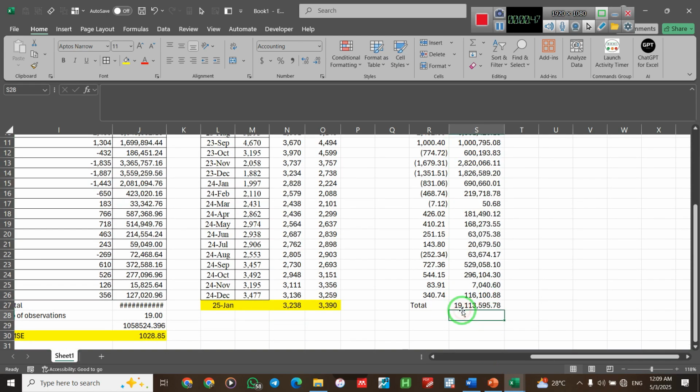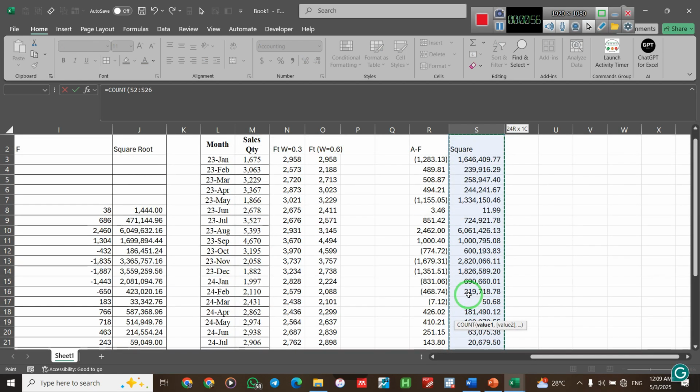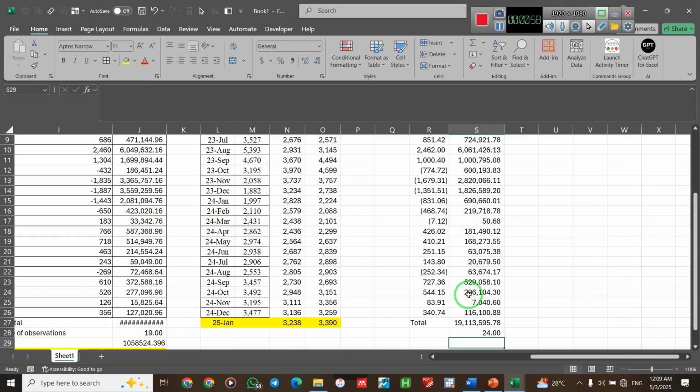Otherwise what you have to do is you can come here and type count and then select the area that the data is containing, then press enter. So it also says that there are 24 observations in the model, right? So number of observations are 24, right?